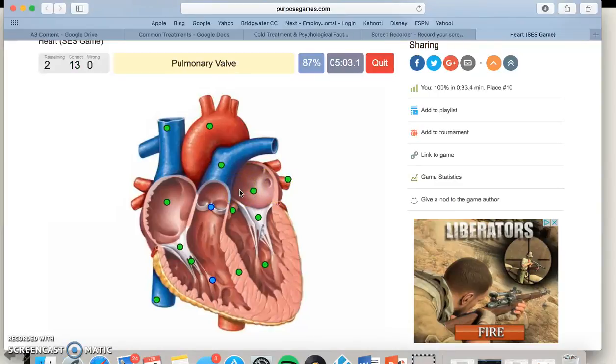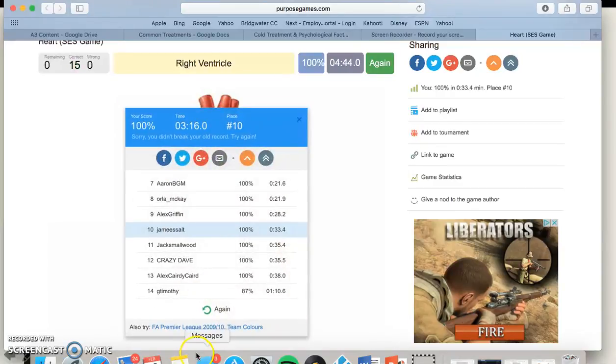The pulmonary valve is here. This prevents backflow of blood into the right ventricle. And finally, the right ventricle is here. This collects deoxygenated blood from the right atrium and contracts to push blood through the pulmonary valve up the pulmonary artery.